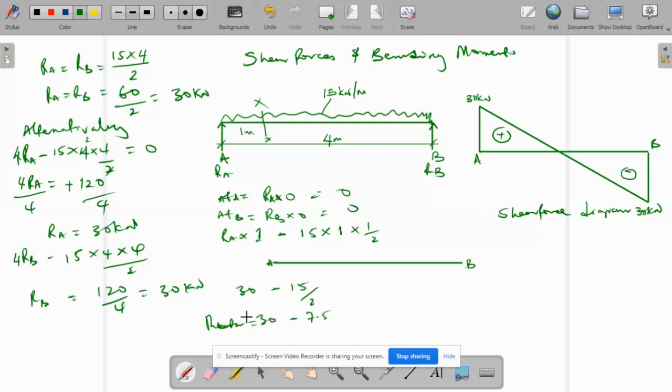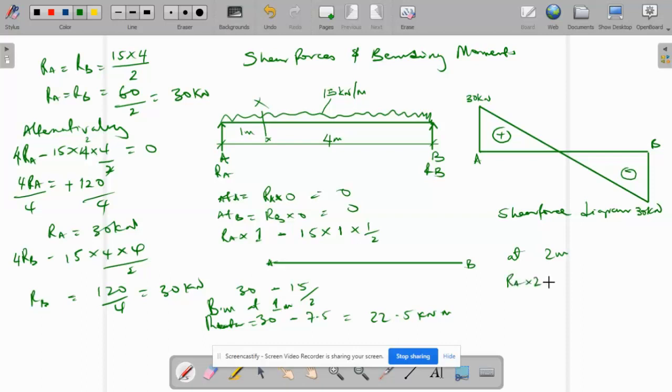Sorry, not reaction at 1 meter, bending moment at 1 meter, BM at 1 meter, will be 30 minus 7.5, and what we will have is 22.5 kilonewton meter.